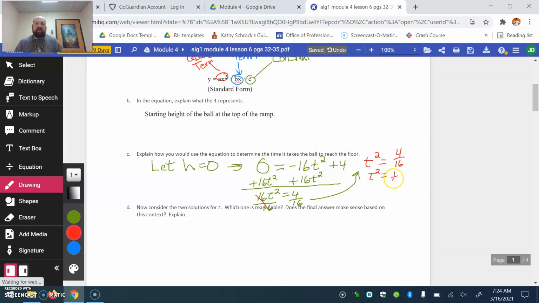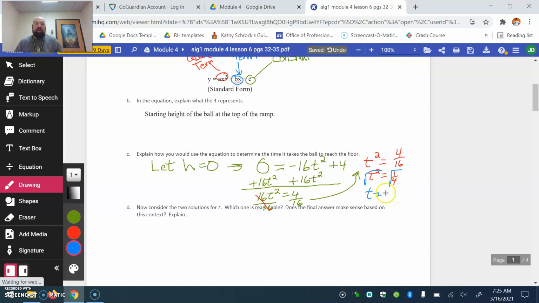Now, we are not done. We need to know what t is. How do you do that? Well, you undo squaring something by taking the square root. So when I do that, the square root of 1/4 is 1/2.